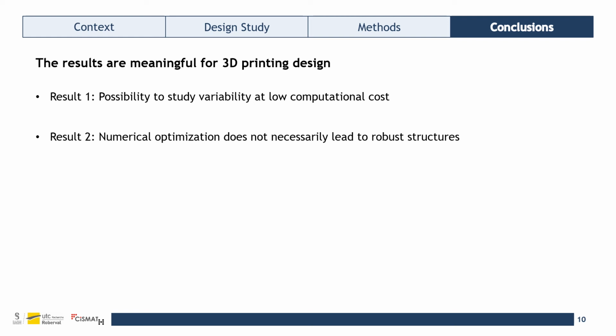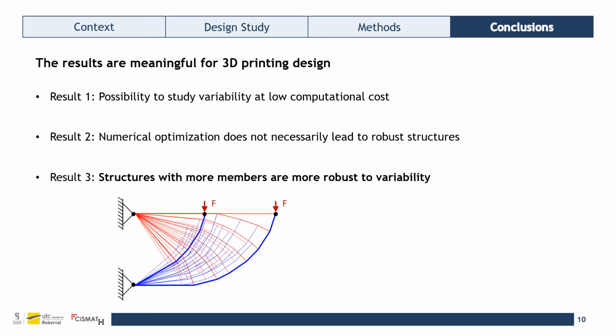And the third, and probably most important finding, is that structures with more members are more robust to input variability. From this finding, rules of design could be derived. But finally, how does this relate to the 3D printing technology?